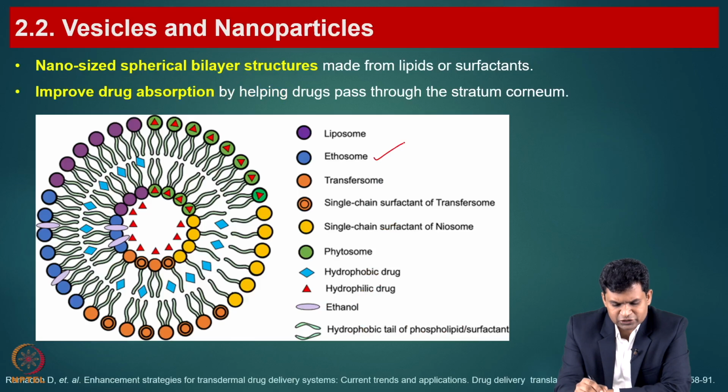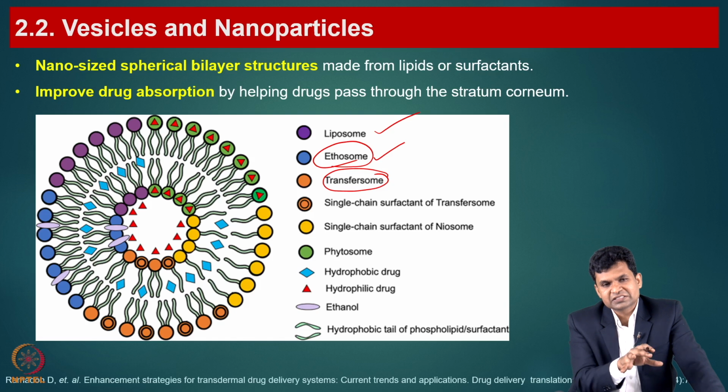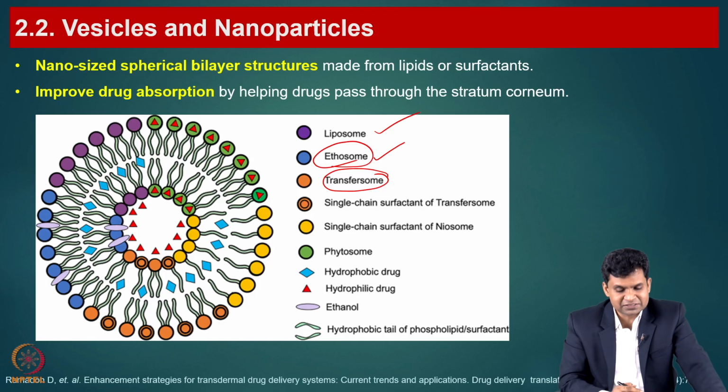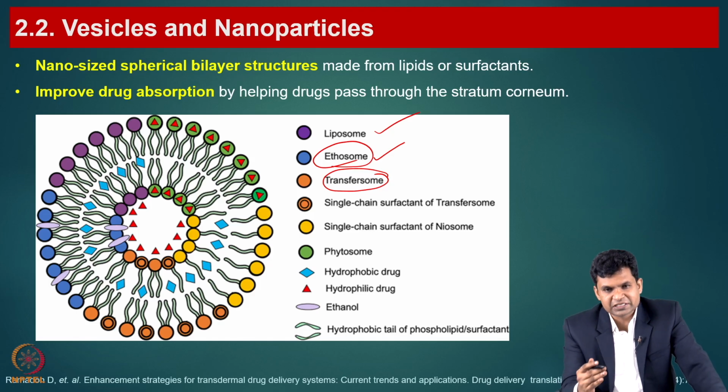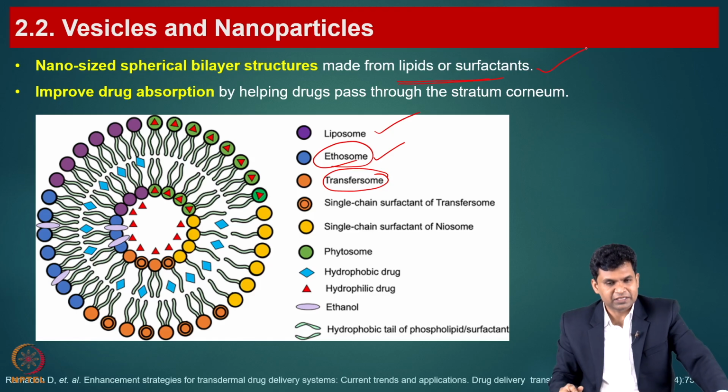We have learned how ethosomes work in skin penetration, and also transferosomes and liposomes in our novel drug delivery systems, because here we use various ingredients. In ethosomes we use ethanol, which works as a penetration enhancer. In liposomes we use various types of lipids, and in formulations we use surfactants and co-surfactants, which ultimately help the permeation of the nanosystems.